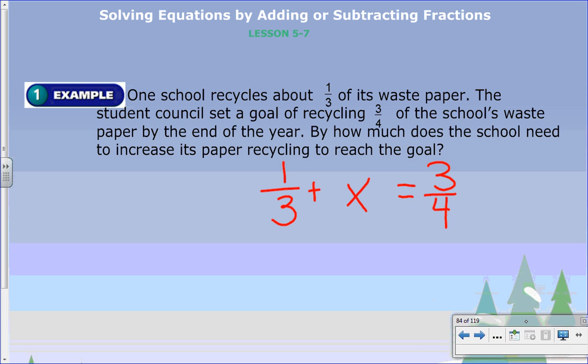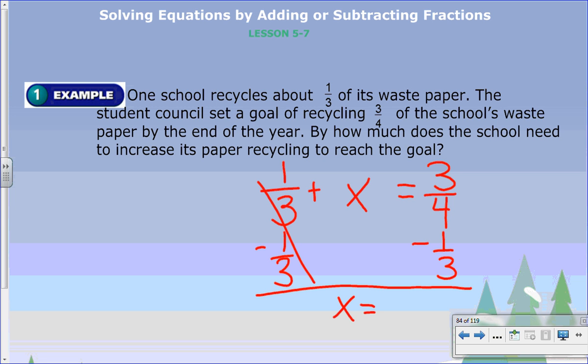So again, you're going to go through the steps. You subtract 1/3 from each side. And I'm left with, well, x is, this time we don't have the same denominators. The denominators are different. We have 3/4 minus 1/3. In order to solve those, remember you come up with an equivalent fraction.